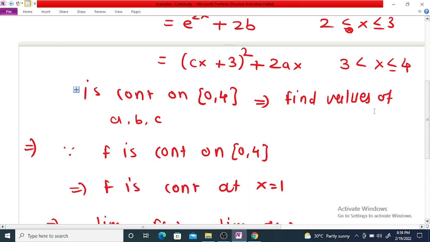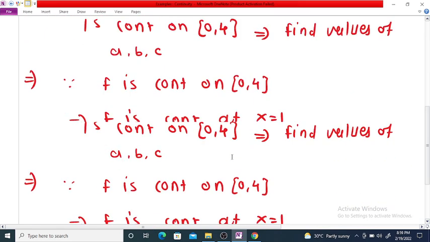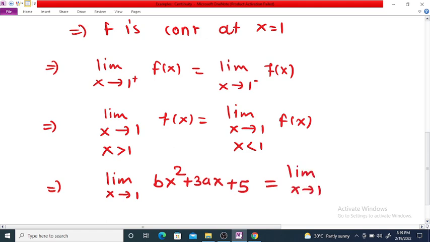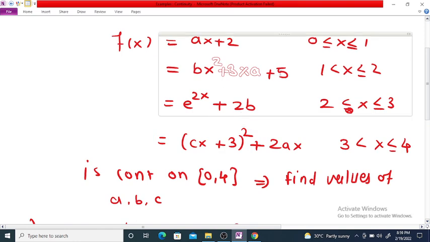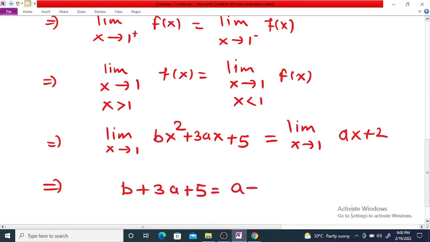Now for x greater than 1 it is equal to bx squared plus thrice ax plus 5, and for x less than 1 it is ax plus 2. So if we take the limit x tends to 1, then we get b plus thrice a plus 5 is equal to a plus 2.